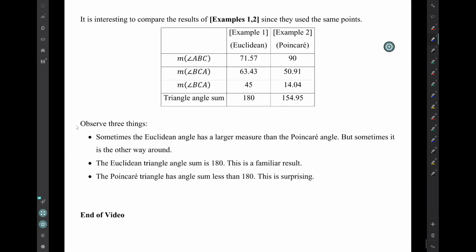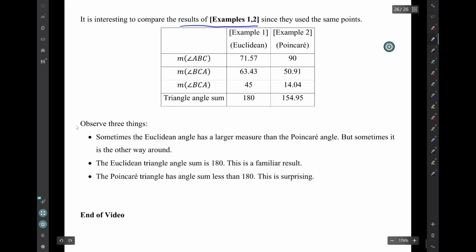It's interesting to compare the results of examples 1 and 2, since they use the same 3 points, A, B, and C. So in example 1, the 3 angle measures were here, and they added up to 180. In example 2, the Poincaré case, the angle measures were here, they added up to 154.95.